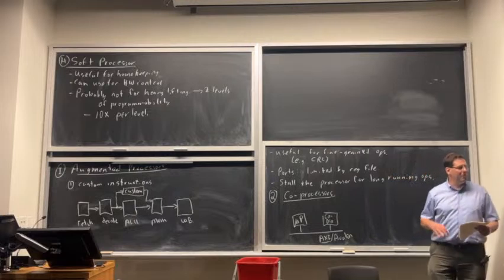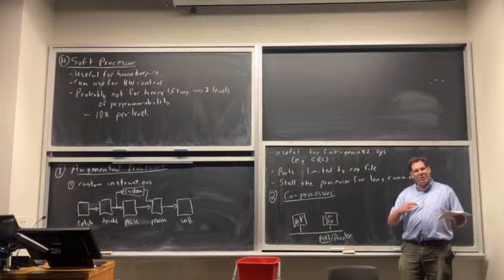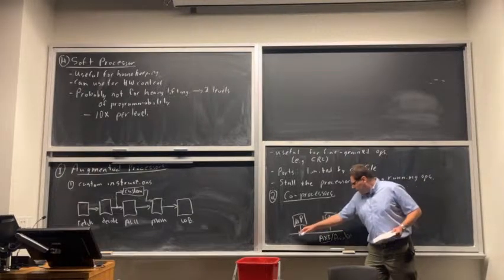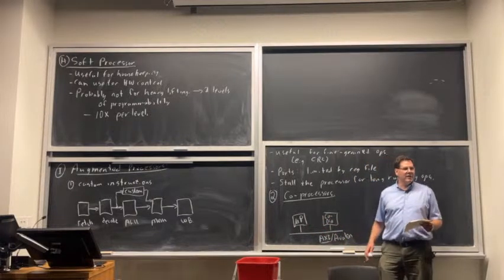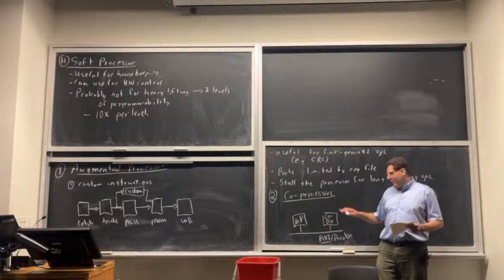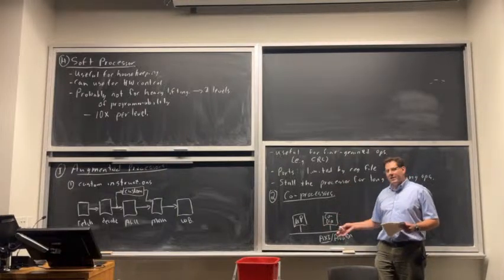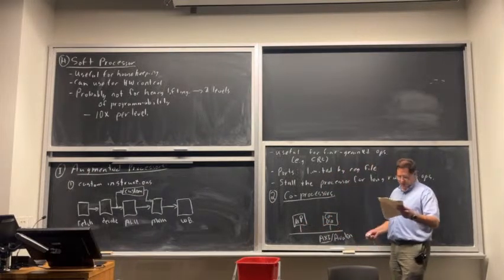So AXI is the most dominant of these, and Avalon is another important one. They work pretty similarly. So they're basically on-chip buses. You know, you send addresses and data, right? So you can say at this address, I want you to write this data. From this address, I want to read this data. So across this bus, this microprocessor and coprocessor can communicate.